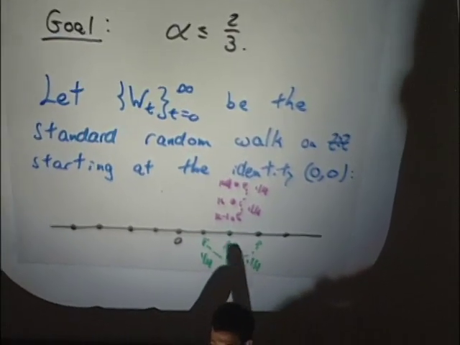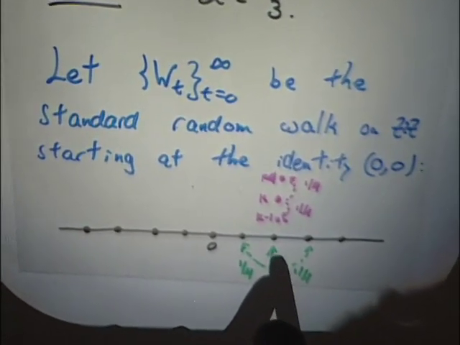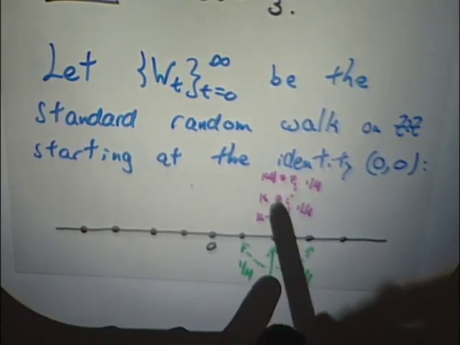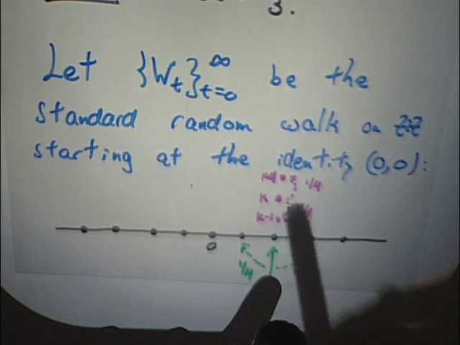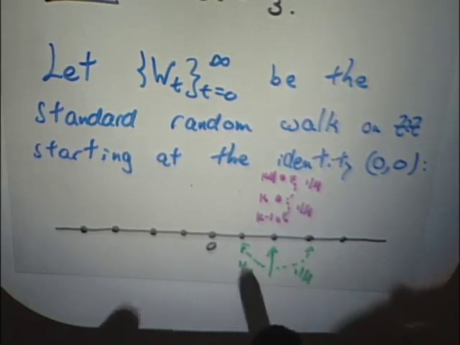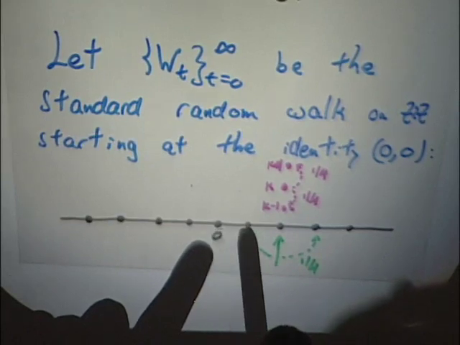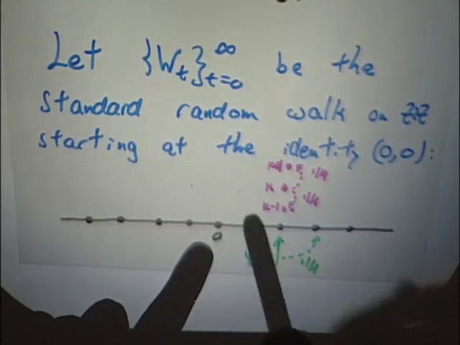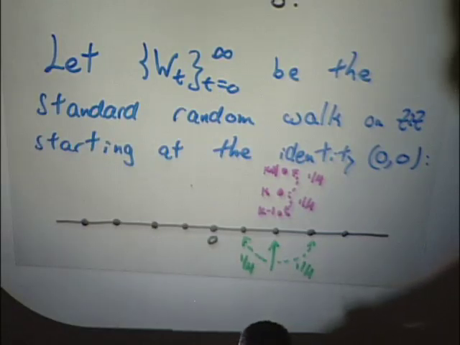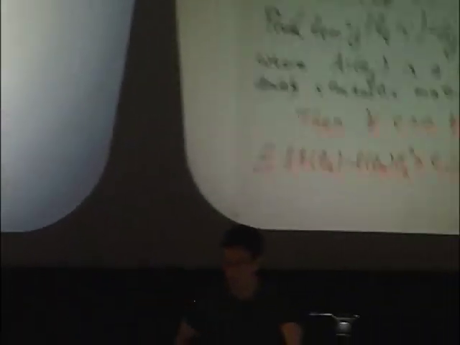Essentially with probability 1/4, I move the pointer right or left, or I increment or decrement wherever the pointer was with equal probability by +1 or -1. So I start at 0. Let's say first step I moved here, and then I changed this 1 to 2, this 0 to 1, and slowly I walk around these objects. Okay, this is the standard random walk on this object. Is it clear what I'm looking at?